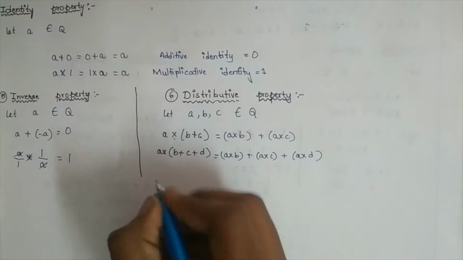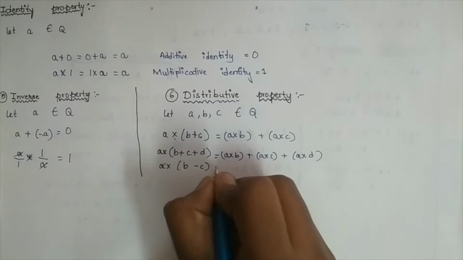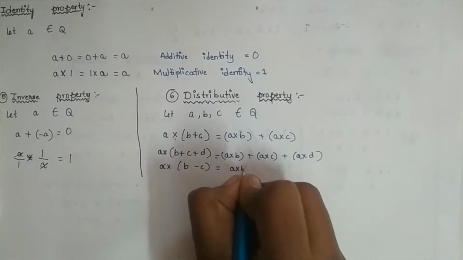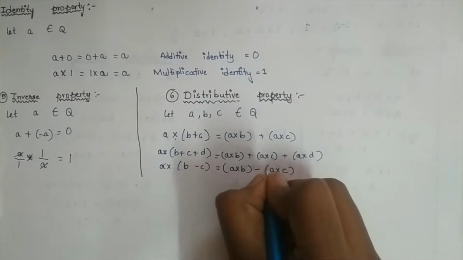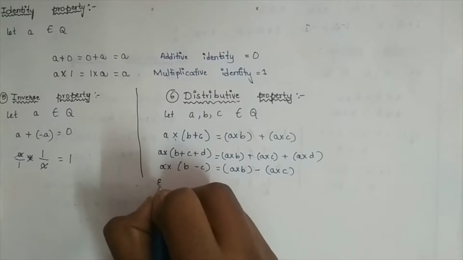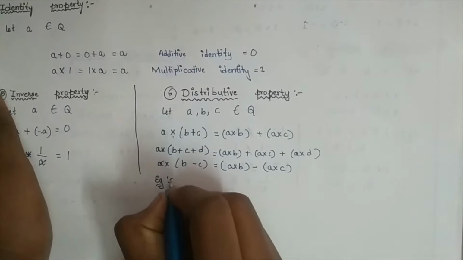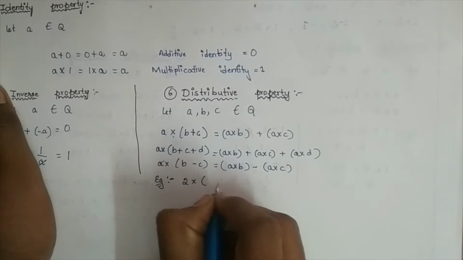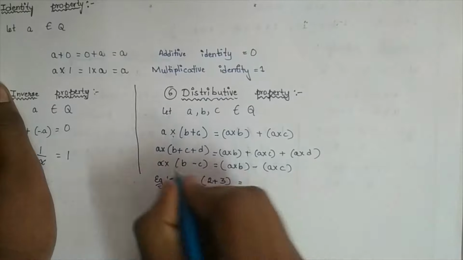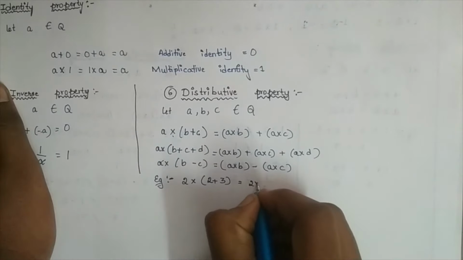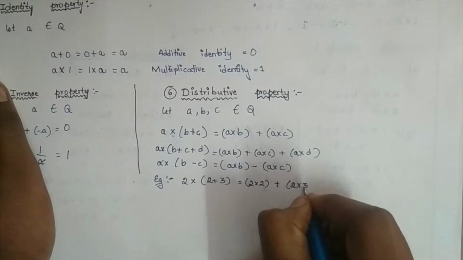Under subtraction, a into (b minus c) is equal to a into b minus a into c. So we can see some examples for this. Let us take 2 into (2 plus 3) is equal to 2 into 2 plus 2 into 3.